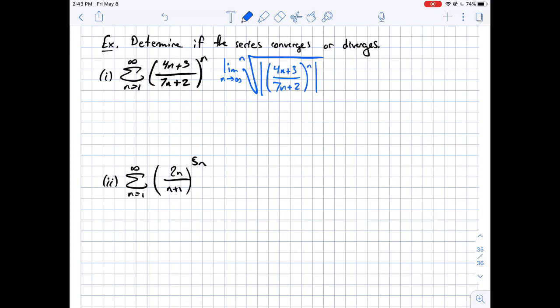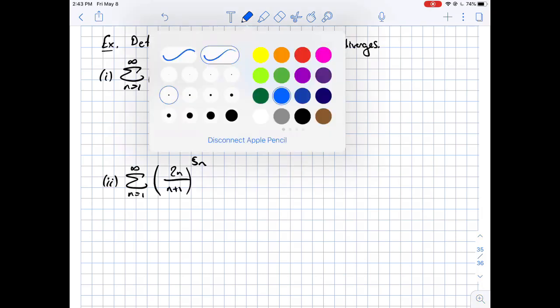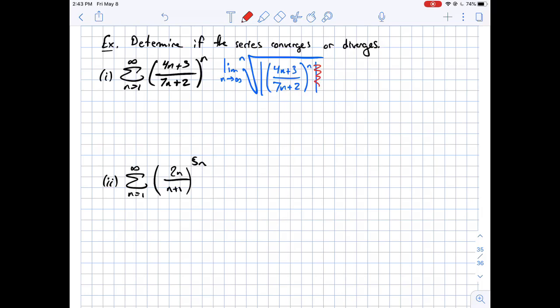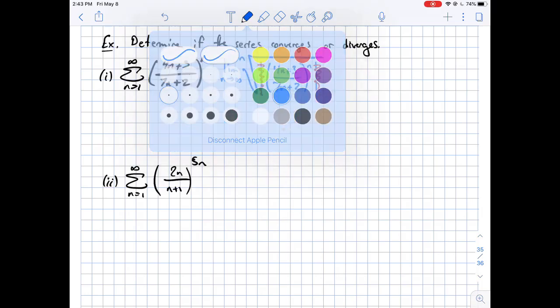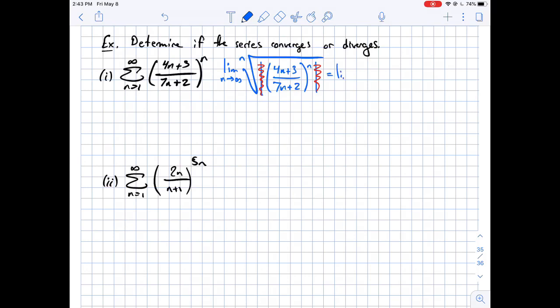We don't need the absolute value here. Again, it's part of the test, but for this one, if n is positive, everything here is positive, so we can drop the absolute value. Then the nth root cancels with the nth exponent, and we end up with the limit as n approaches infinity of 4n plus 3 over 7n plus 2.